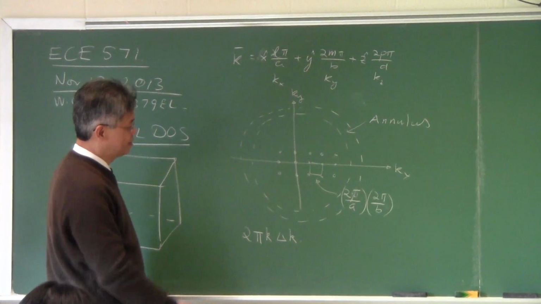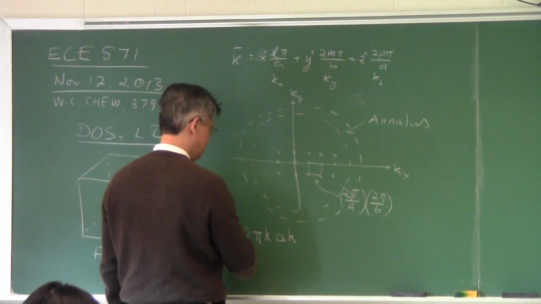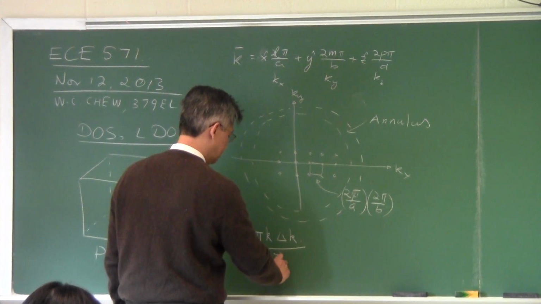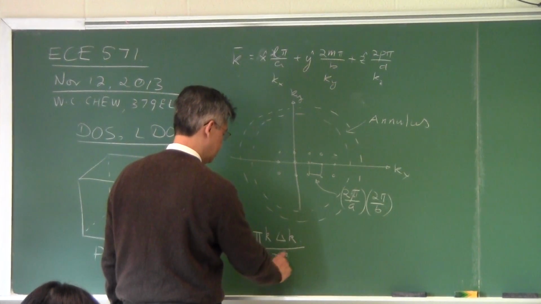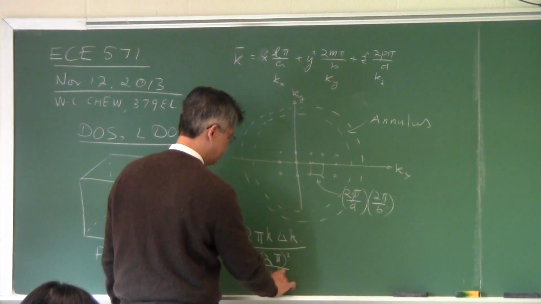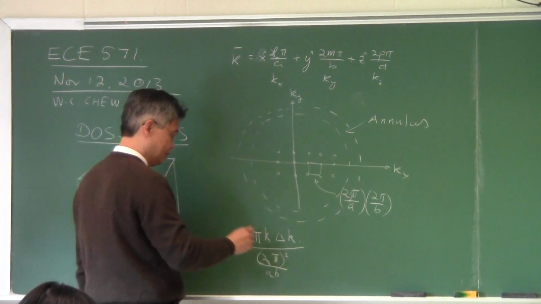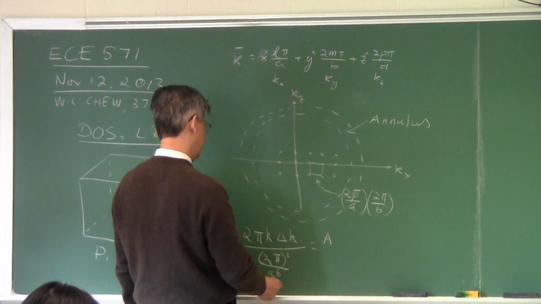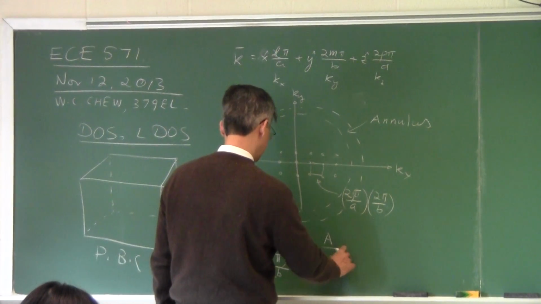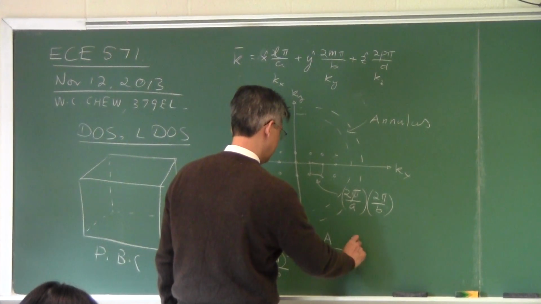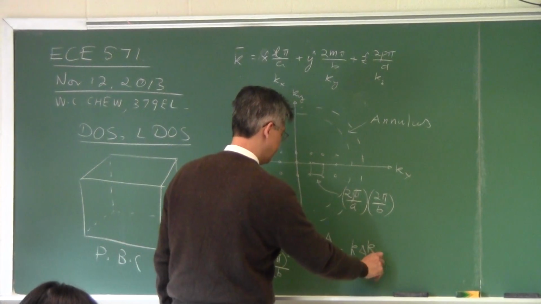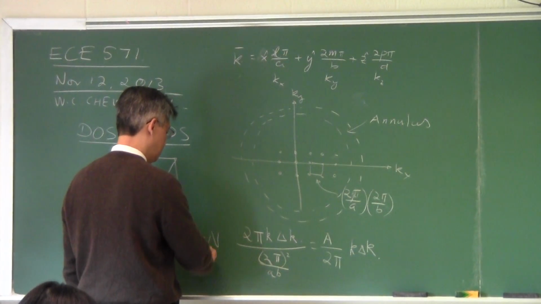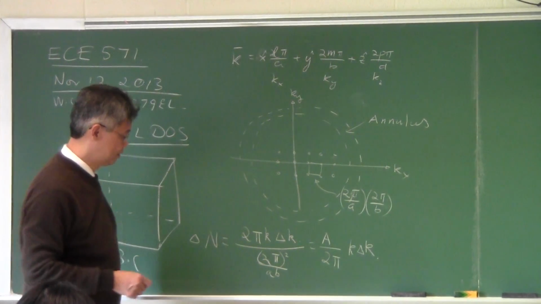And the size of each mode is 2 pi squared over AB, which is the area of each mode. So the number of modes in this annulus region is the area divided by the area per mode.